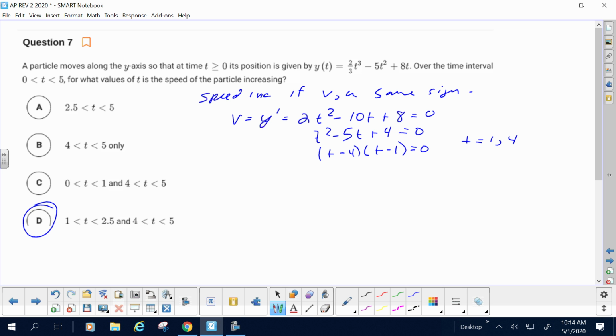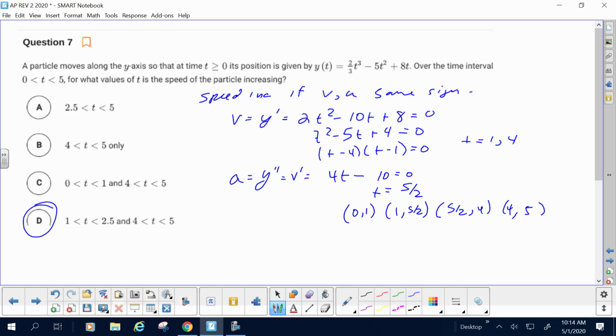I'll do signs in a second here. Acceleration is the second derivative, or the derivative of velocity, and that is 4t minus 10, and that's 0 at 5 halves. So as far as my intervals, I have 0 to 1, 1 to 5 halves, 5 halves to 4, and 4 to 5, based on the say they stopped it there.